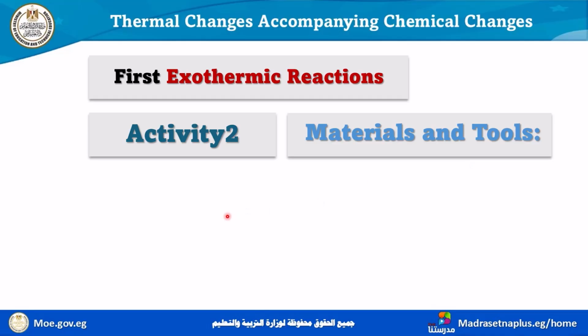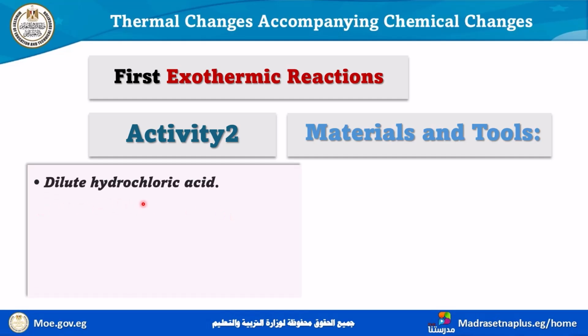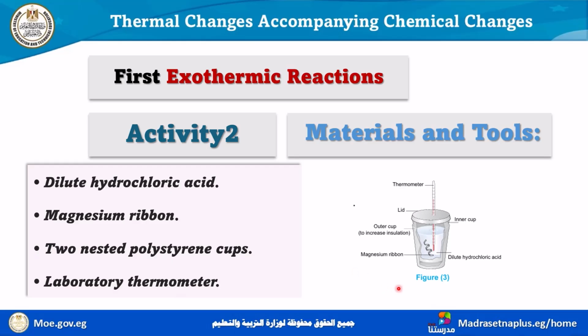So what are these materials and tools? We are going to need dilute hydrochloric acid, magnesium ribbon, 2 nested polystyrene cups, and a laboratory thermometer, and we are going to arrange these materials as shown in figure 3.